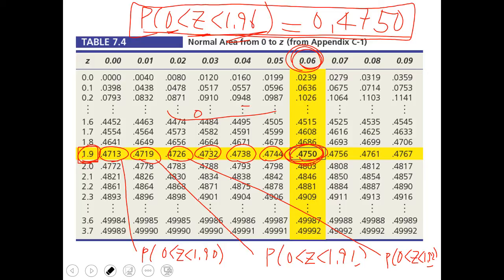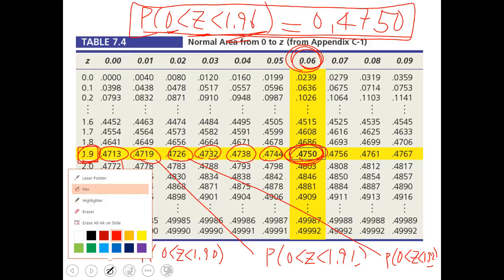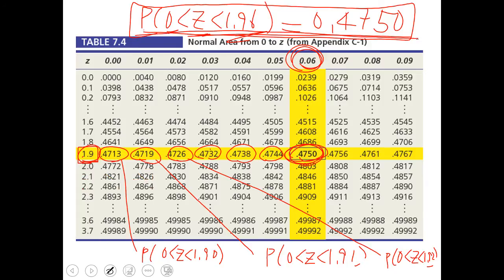It is the mathematician's job. Mathematicians already studied this integral and wrote the result in this table. So we need not calculate this probability ourselves. Instead of using this complex integral, we just use this table. Okay, then we can obtain the probability.